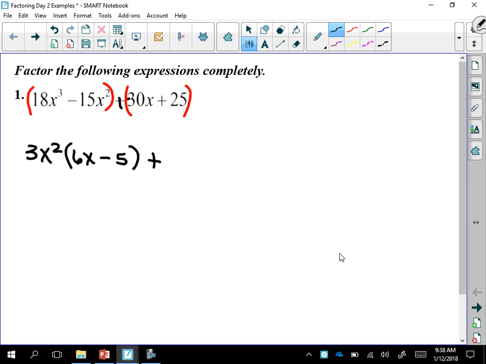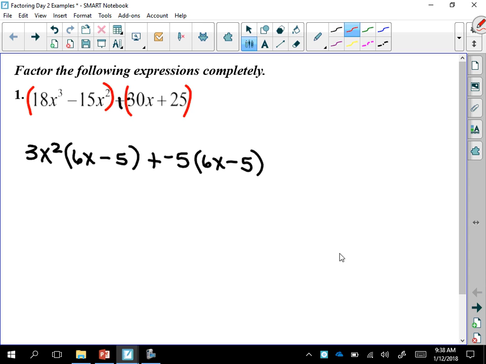What would be a GCF for the second 2 terms? 5, and we're actually going to take out the negative because what we want is what's left over to match what we have here. So once we've taken out a negative 5, what's going to be left over? 6x minus 5.